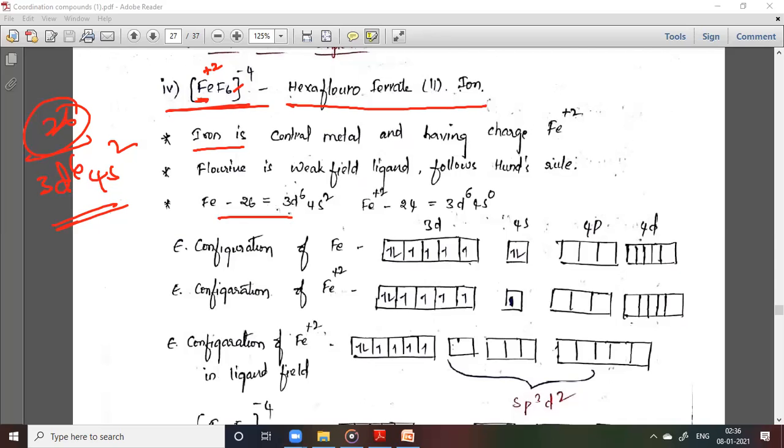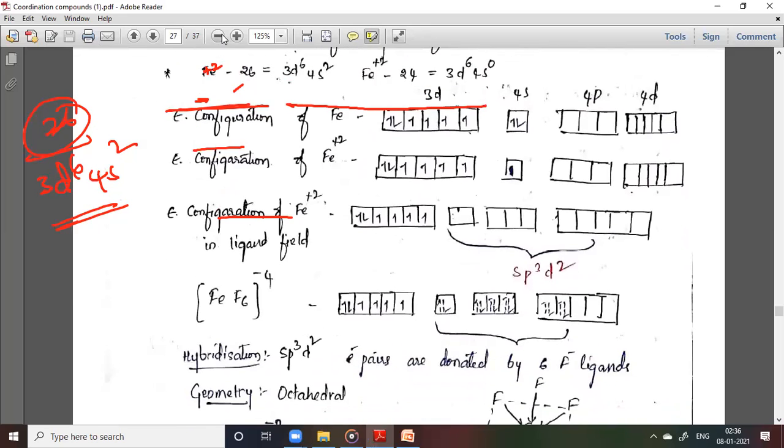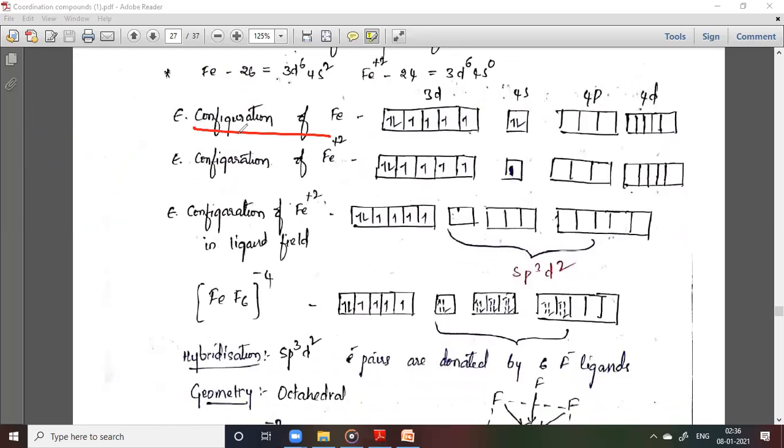So let us try to draw the orbitals for this. First, iron, you know that the iron which is 26 is 3d6 4s2. See here, 3d6 4s2, and 4p, 4d, they are empty. We don't need to fill them because 3d6 4s2 is enough.